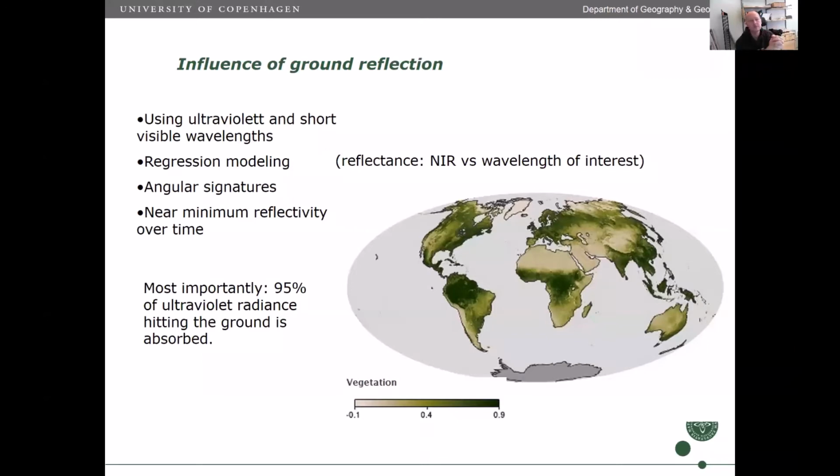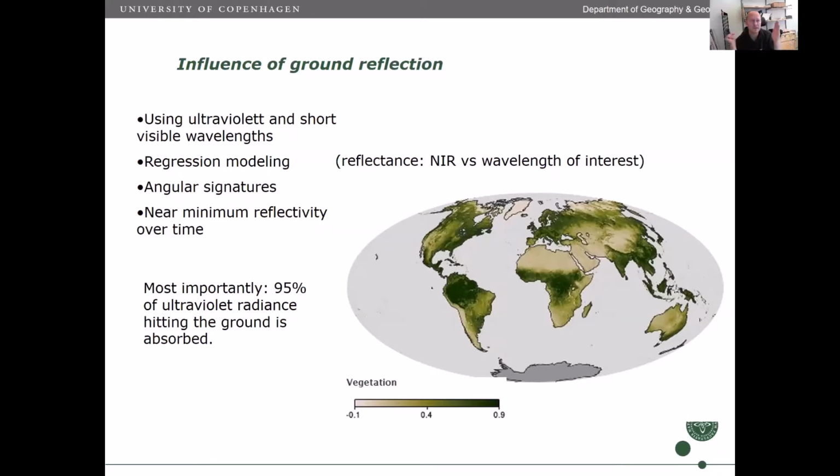So the first problem to deal with is what to do with the ground surface reflectance. There are different methods to remove the influence of the ground reflection. The absolutely most common one, which is most often used in the remote sensing of atmospheric trace gases, is to use ultraviolet and short visible wavelengths.